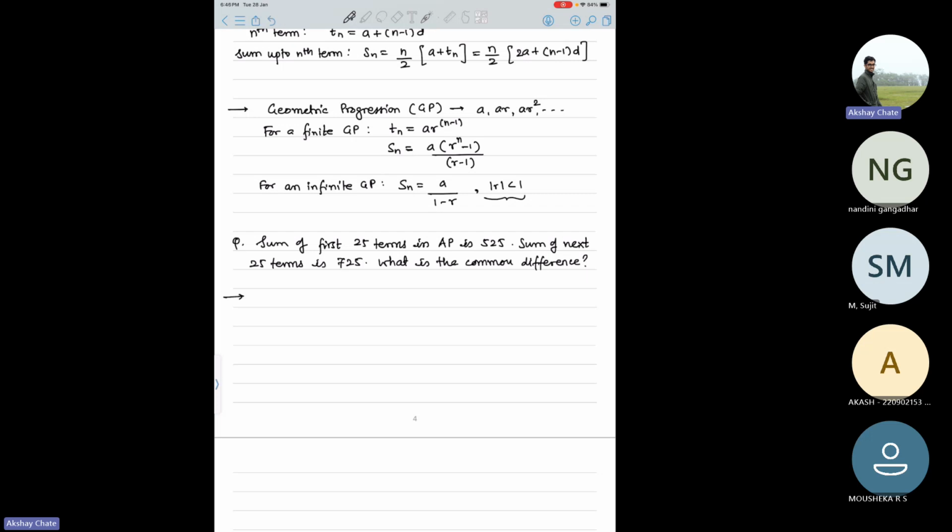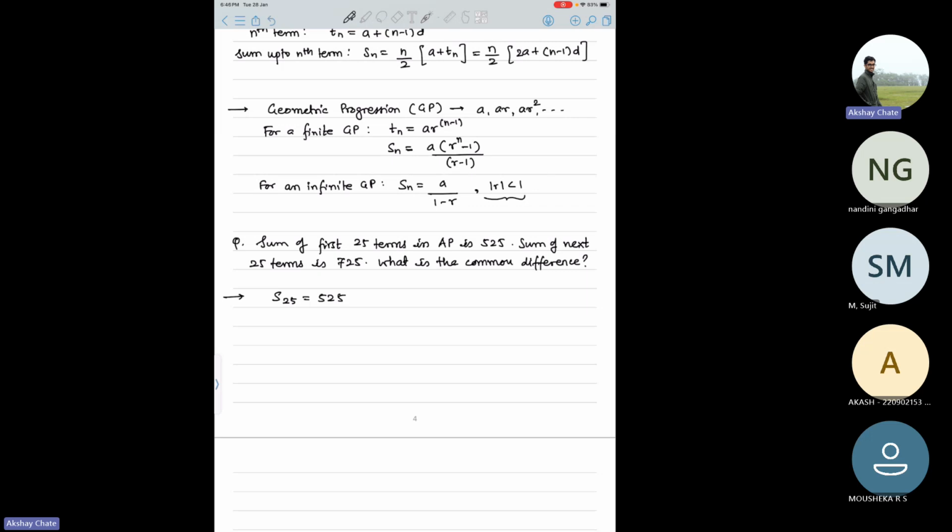So first, let's use the first sentence. They are saying the sum of first 25 terms is 525. Okay. So let's say sum of first 25 terms is 525. It is given. But the next part says sum of next 25 terms is 725.